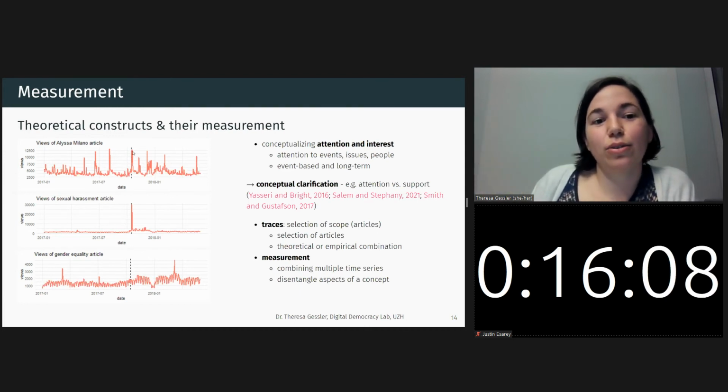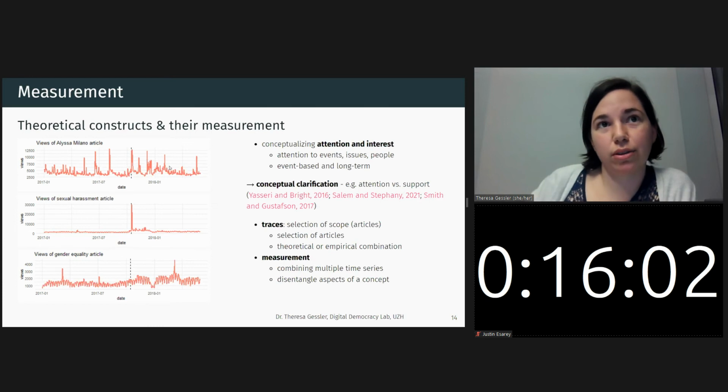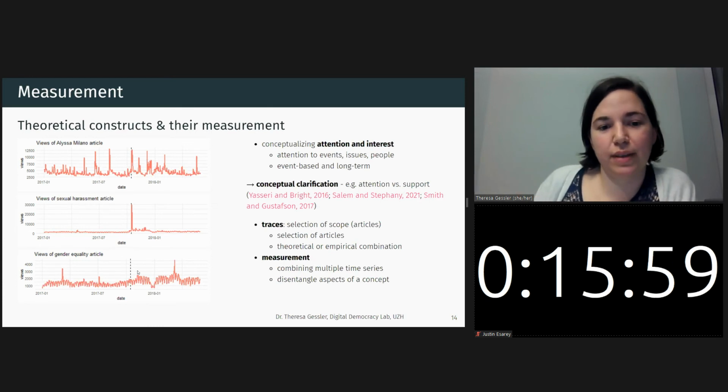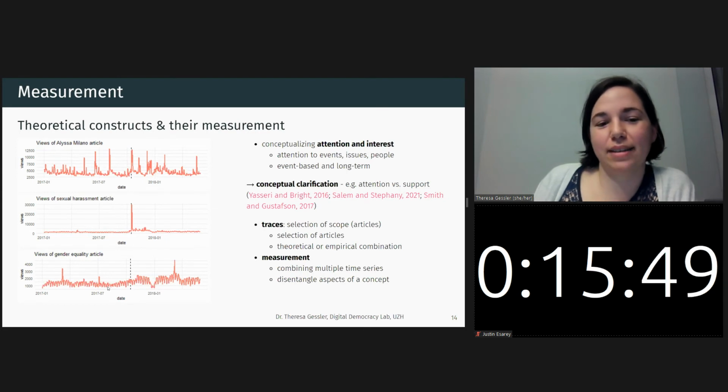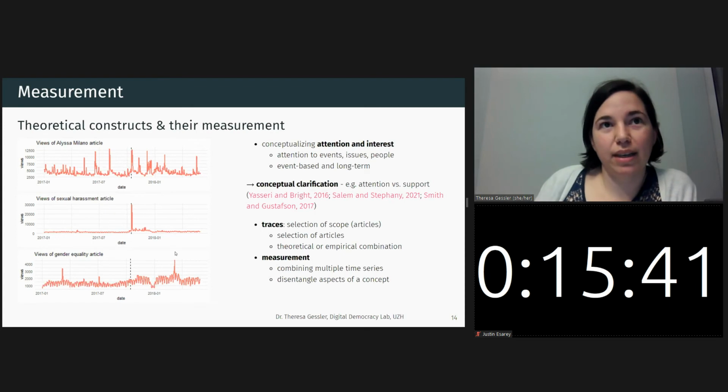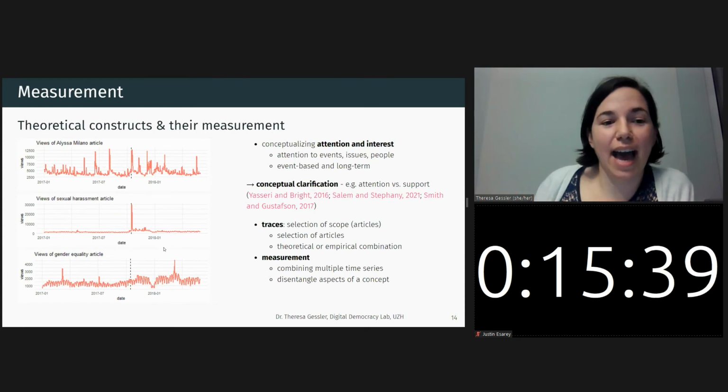It goes up quite a lot in this specific moment, but then it really goes down and attention goes away from her as a person. It's not so visible since this is daily figures. In a monthly figure, it would look much more impressive. But for gender equality, we see the opposite pattern: a slower increase, no spike at all on the day itself, but over a longer time the interest remains sustainedly higher.